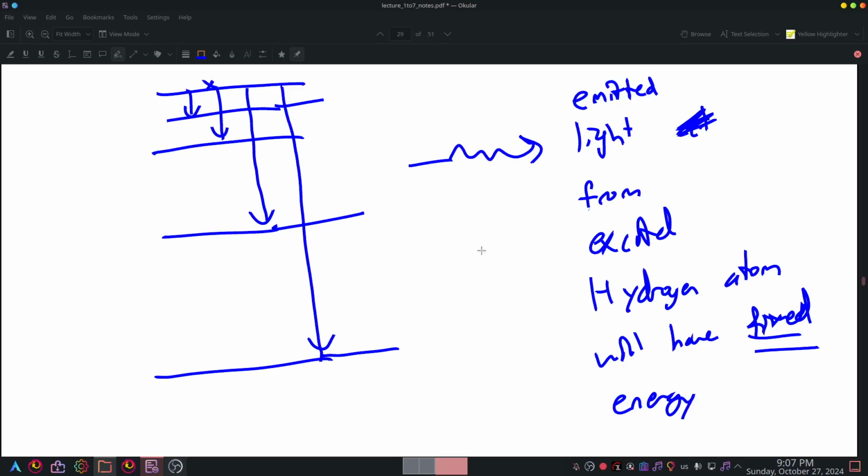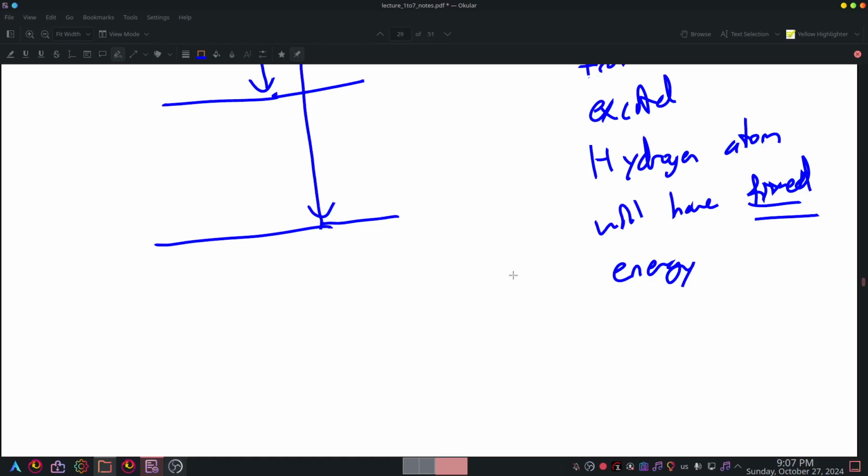That's a result of the quantum nature of these waves.